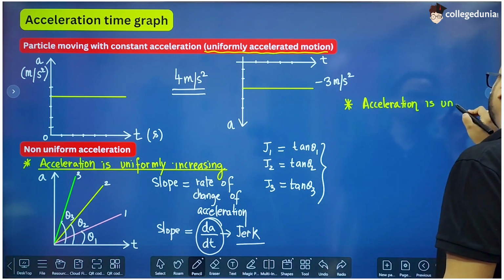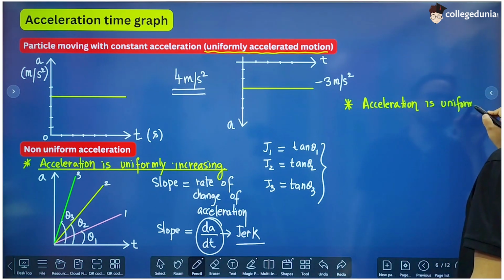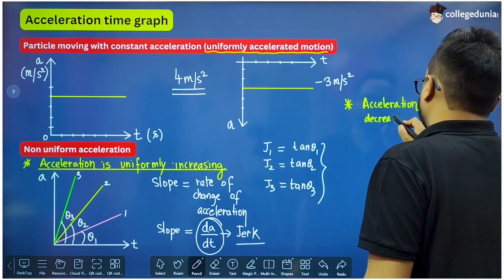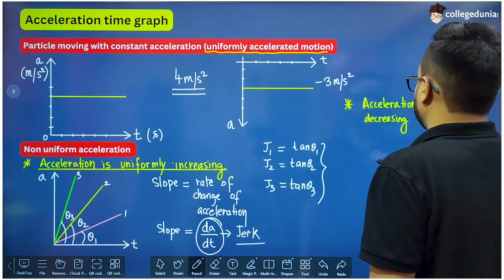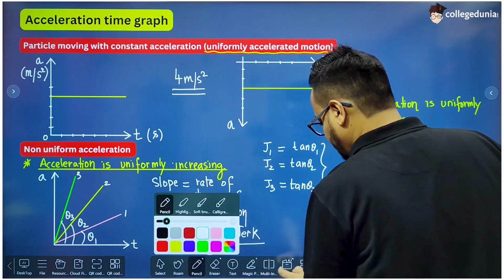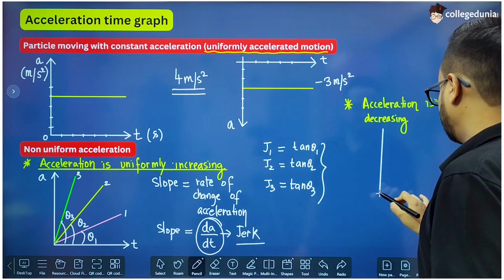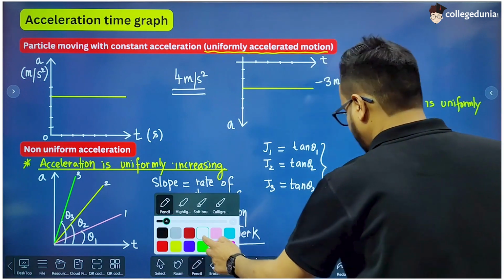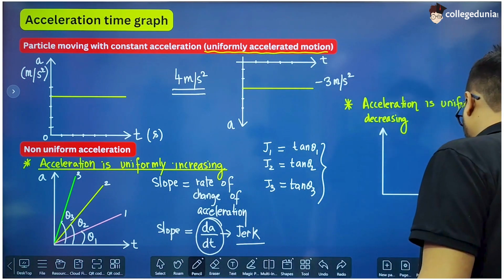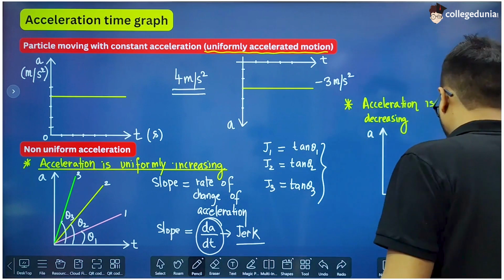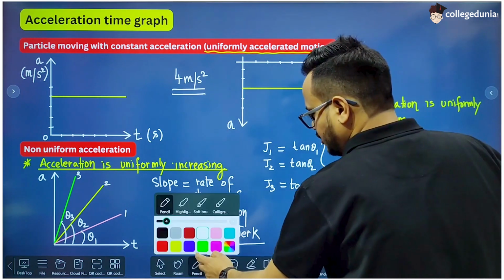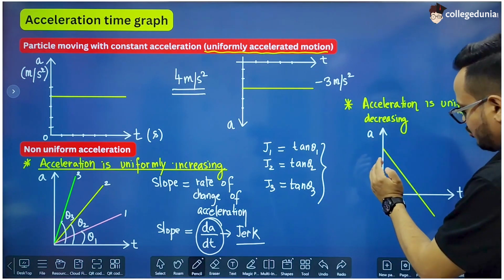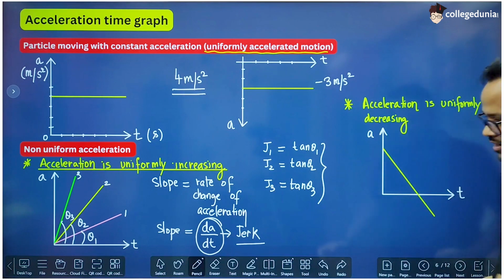Acceleration is uniformly decreasing. So when the acceleration is uniformly decreasing, we will get a graph like this, because time is increasing and the value of acceleration is decreasing.